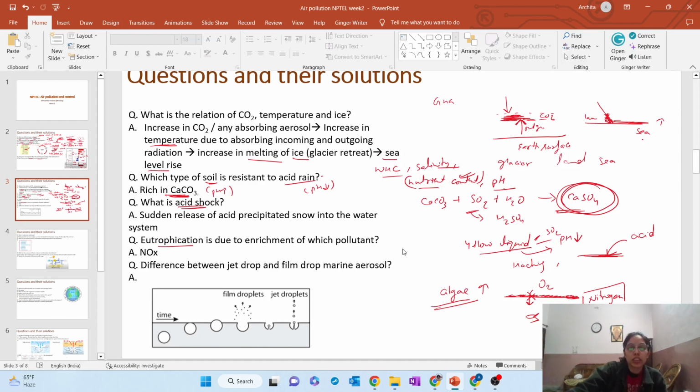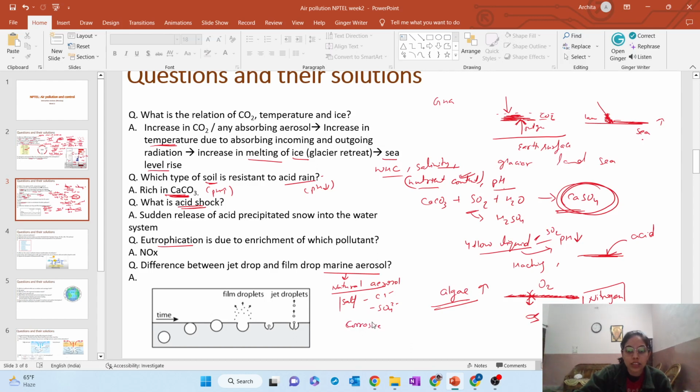Okay. Next is marine aerosol. So they are a type of natural aerosol. Okay. So we know that in this natural aerosol there are a lot of salts, right? So sea salt, for example, chloride, sulfate, all of these salts contain chloride and sulfate ions, and hence they are corrosive.